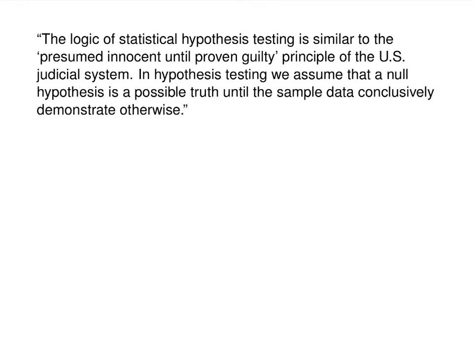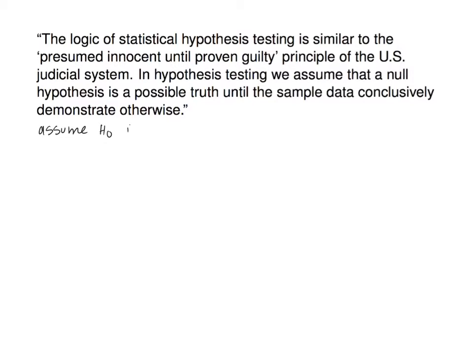All right. So this was a quote from your textbook, and I thought it was pretty cool. The logic of statistical hypothesis testing is similar to the presumed innocent until proven guilty principle of the U.S. judicial system. So we assume that the null hypothesis is a possible truth until the sample data conclusively demonstrate otherwise. Okay, so here's the principle. You assume, what was the symbol for null hypothesis? Do you remember?